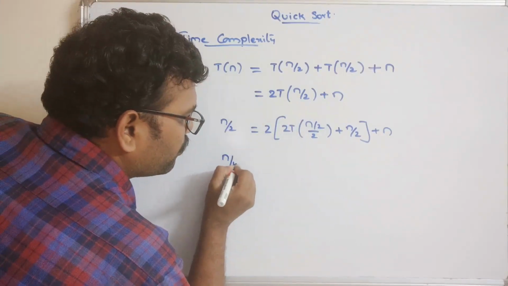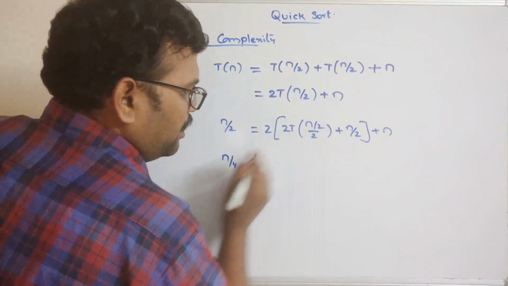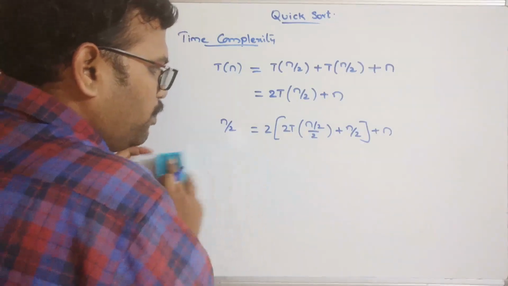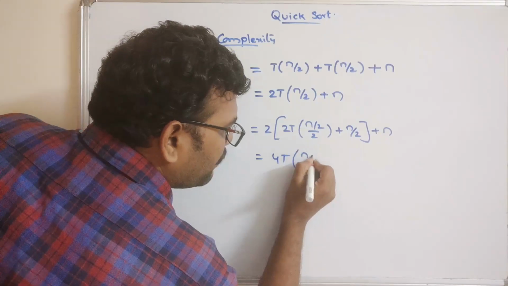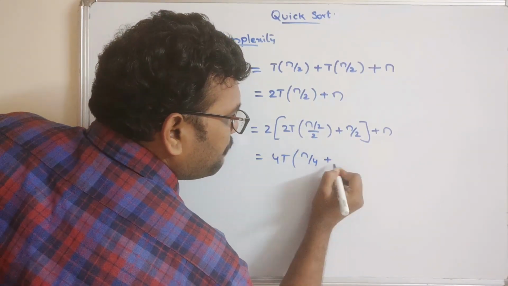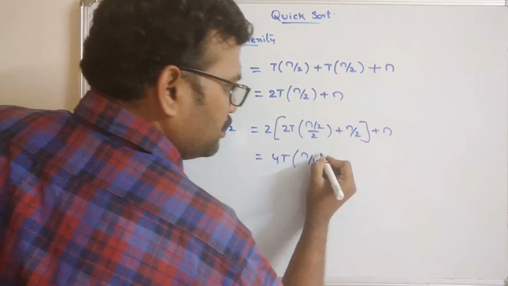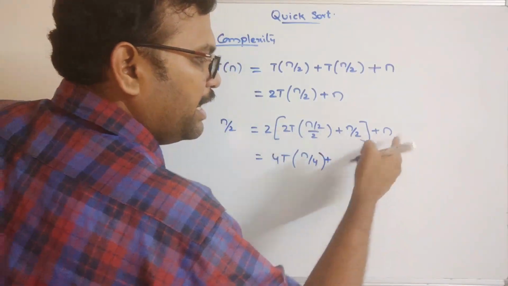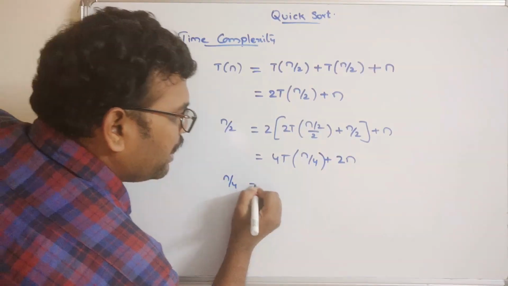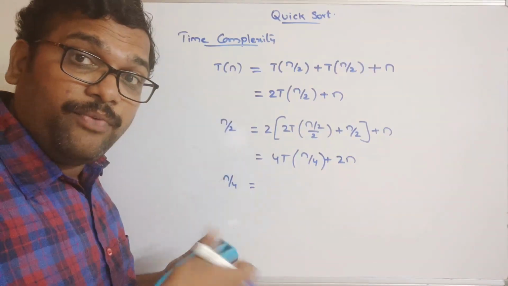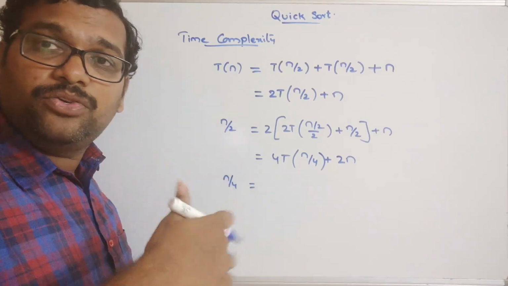And if it is n/4, what happens? Before applying the n/4, what's the resultant here? 4T(n/4) plus n and n, that will be 2n. And if it is n/4, that means again we are dividing the complete elements into two halves.